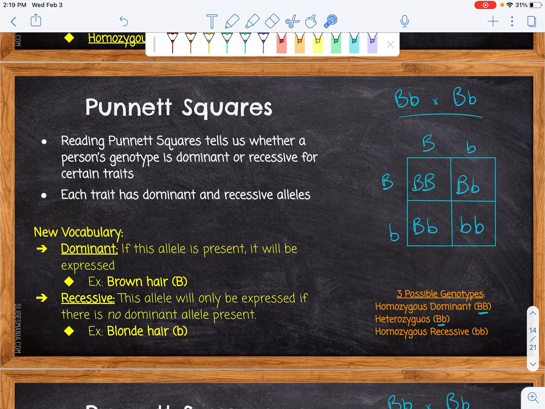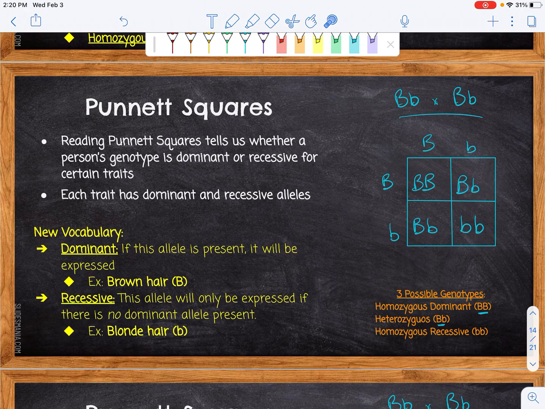If the dominant allele is present, it will be expressed. Think of it like this allele is bossy. So for hair color, brown hair, the capital B is dominant. Dominant alleles are always capital. That is why brown hair is the capital B, because brown hair is dominant in nature, so we mark it with a capital letter. And if you have 1 allele for brown hair, it doesn't matter what your other allele is, you will have brown hair.